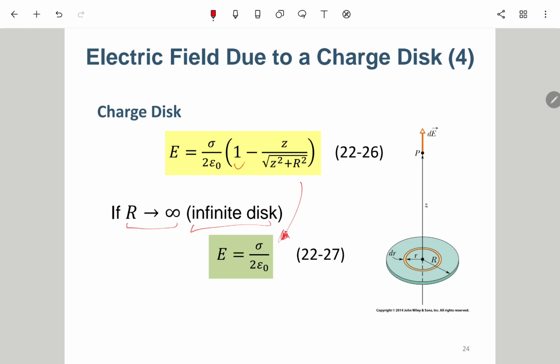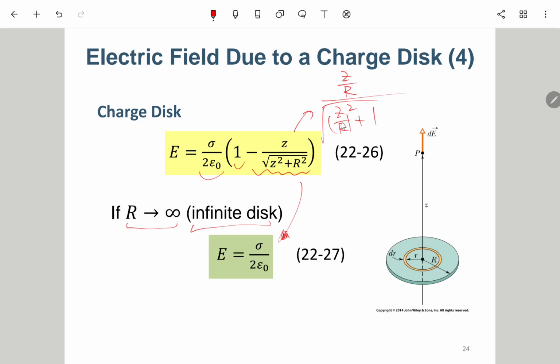so this is one, nothing special. This is a constant, nothing special. So if we just look at this term, if capital R is infinitely large, then we can consider it like z over capital R, over the square root of z over capital R squared plus 1, something like this.